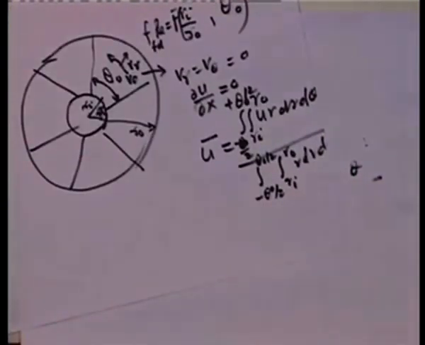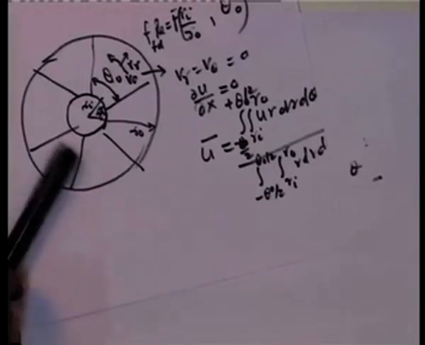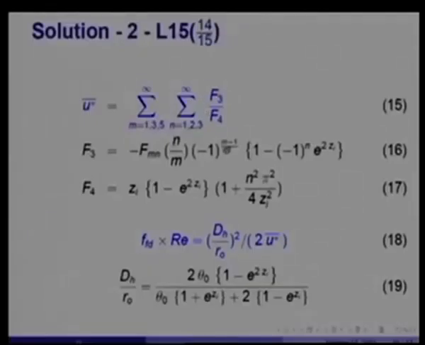And if you carry out that evaluation, you get this equal to f3 by 4 times the sum given by that. Remember, m varies 1, 3, 5 to infinity, n on the other hand varies as n equal to 1, 2, 3 to infinity, and f3 is given by that and f4 is given by that.